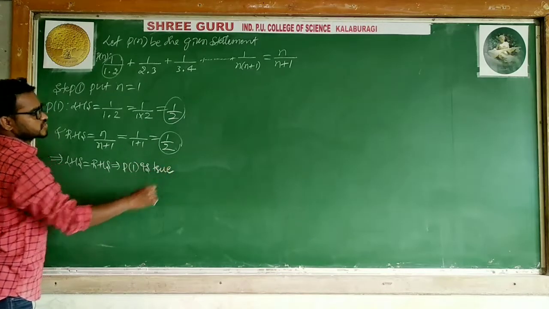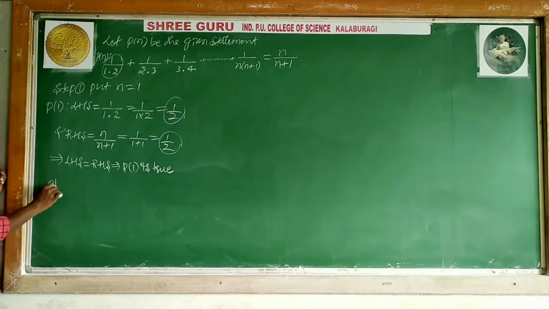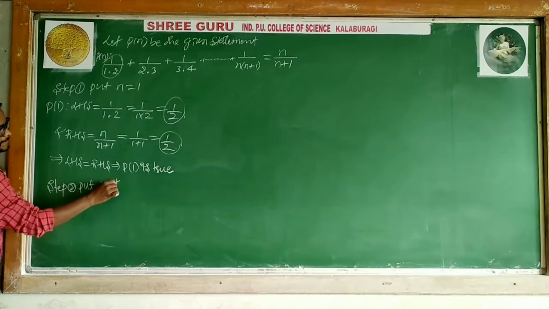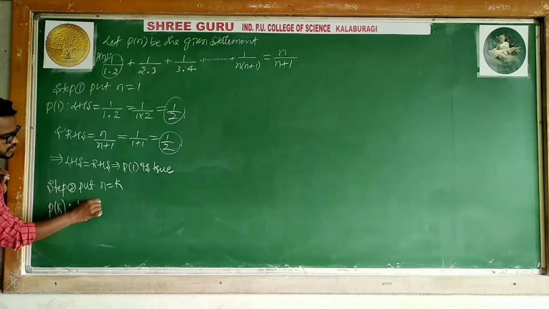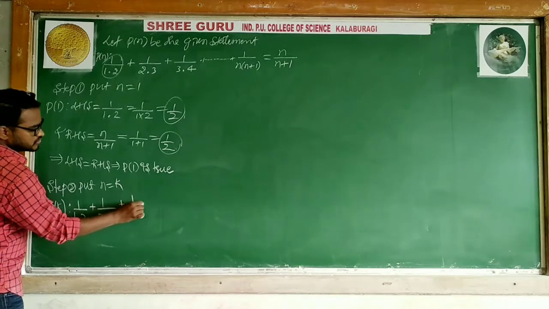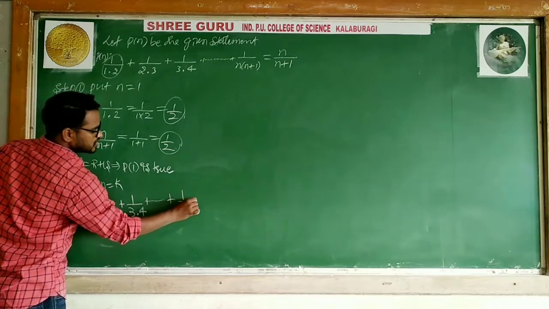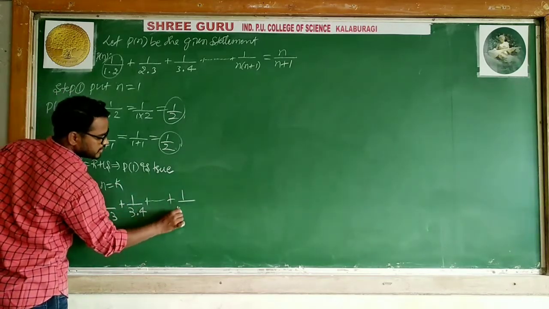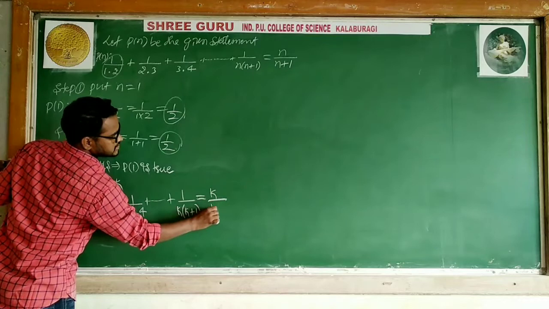This is the usual procedure. The first step is clear. I will go for the second step. Step 2: put n is equal to k. So P of k is 1 divided by 1 into 2 plus 1 divided by 2 into 3 plus 1 divided by 3 into 4 plus and so on, plus 1 divided by k into k plus 1, is equal to k divided by k plus 1.